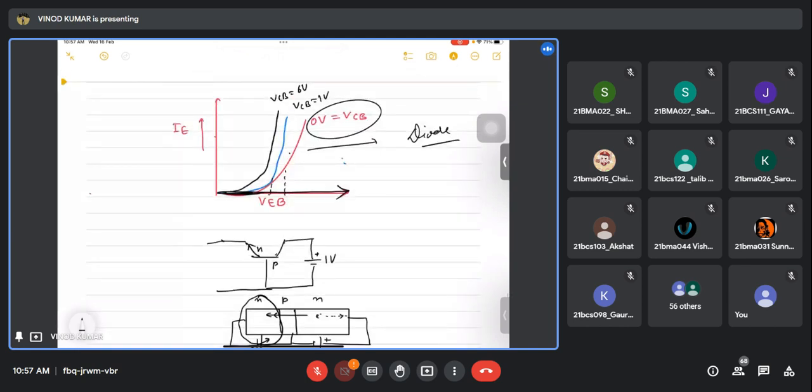That's why this IE curve is shifting towards this side as we increase this VCB. So this is the input characteristics of a common base configuration.